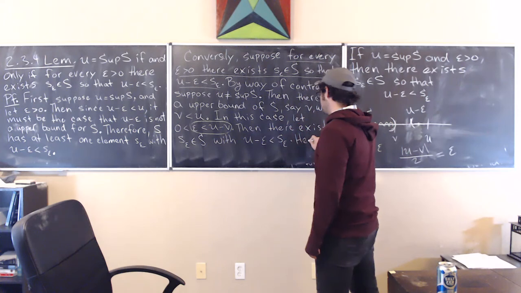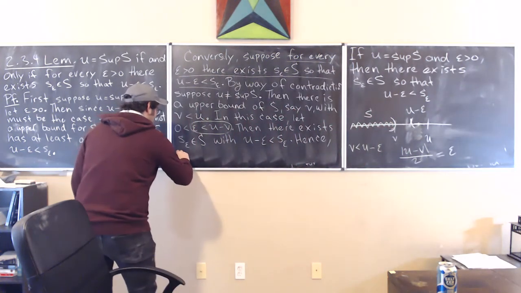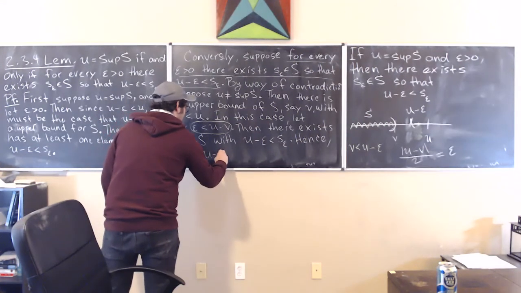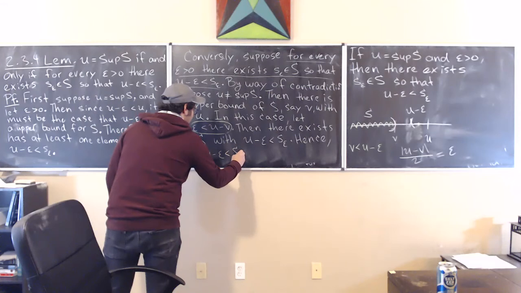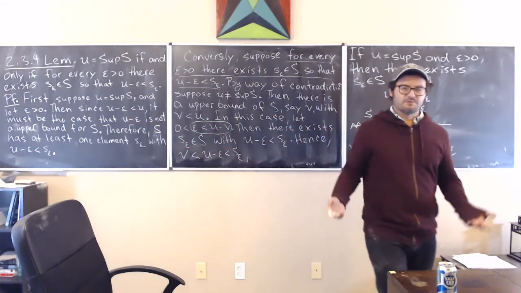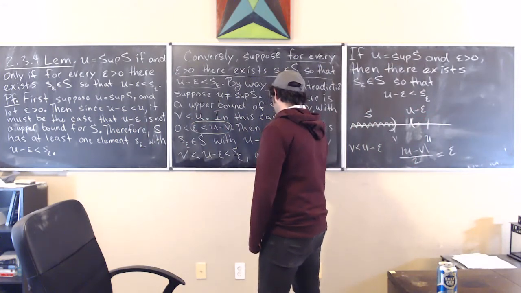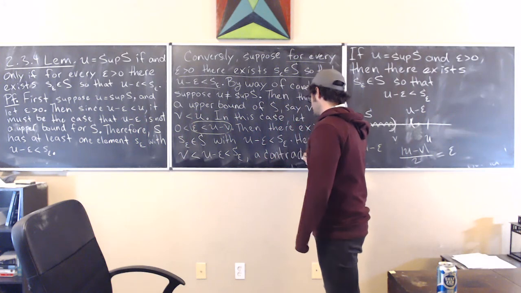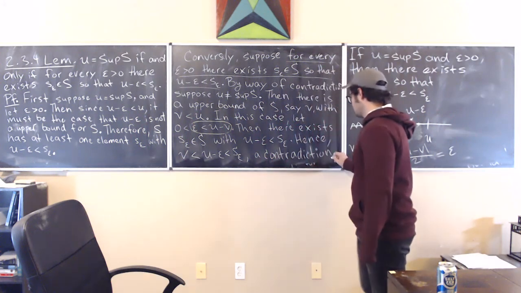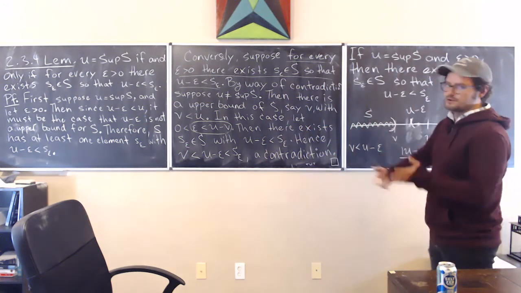So hence, V is strictly less than U minus epsilon, which is strictly less than S sub epsilon, a contradiction because V should have been an upper bound for S. You see how it worked out perfectly there?